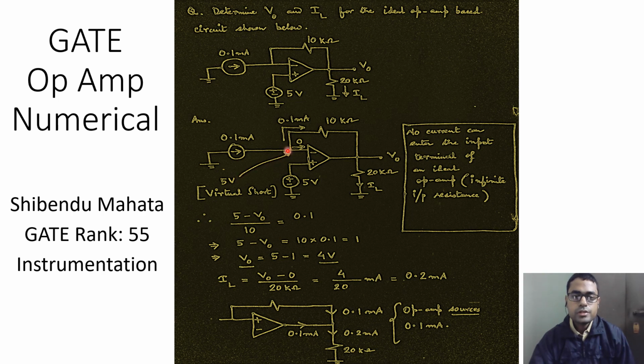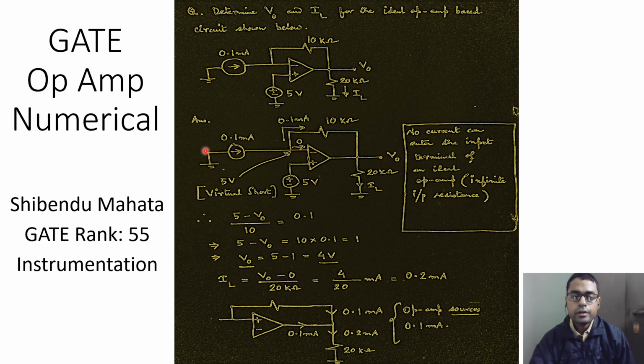Now once this is set, we have a current of 0.1 milliampere. So here is a constant current source, and this 0.1 milliampere is driven through this branch. Note that because this is an ideal op amp, an ideal op amp does not draw any current through its input terminals.